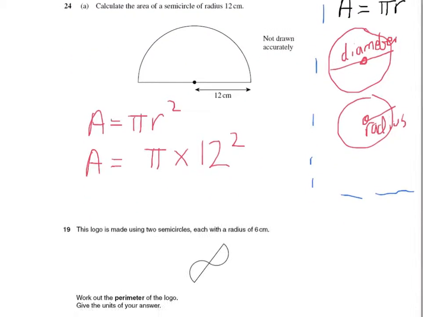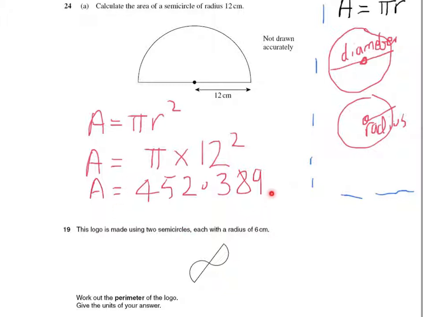At this point you need a calculator, and you'll find that pi times 12 squared is equal to 452.389, etc. But we're not asked to find the area of a full circle, because that's what this equation gives us. We're asked to find the area of this semicircle. So how is a semicircle related to a circle? It's half of it.